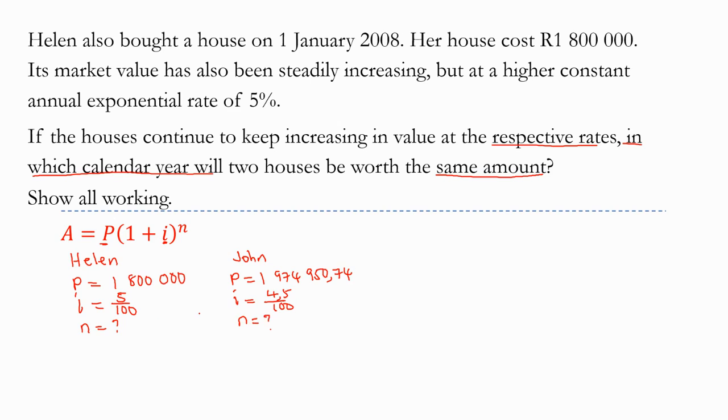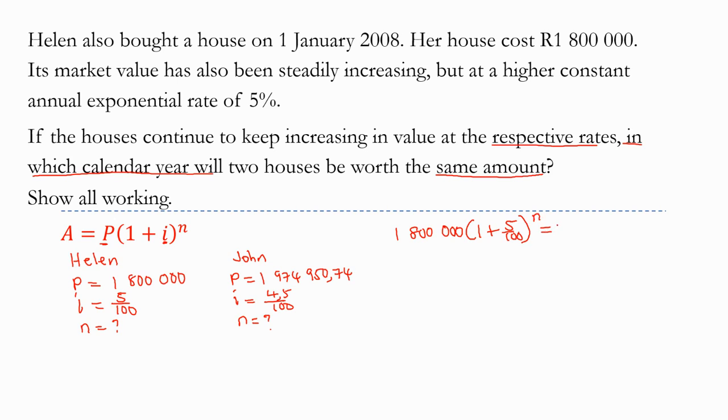Okay, so now let's substitute into our formula. So it means let's start with Helen's one. It is going to be 1,800,000, then 1 plus 5% to the power n. It should be equal to John's house price.